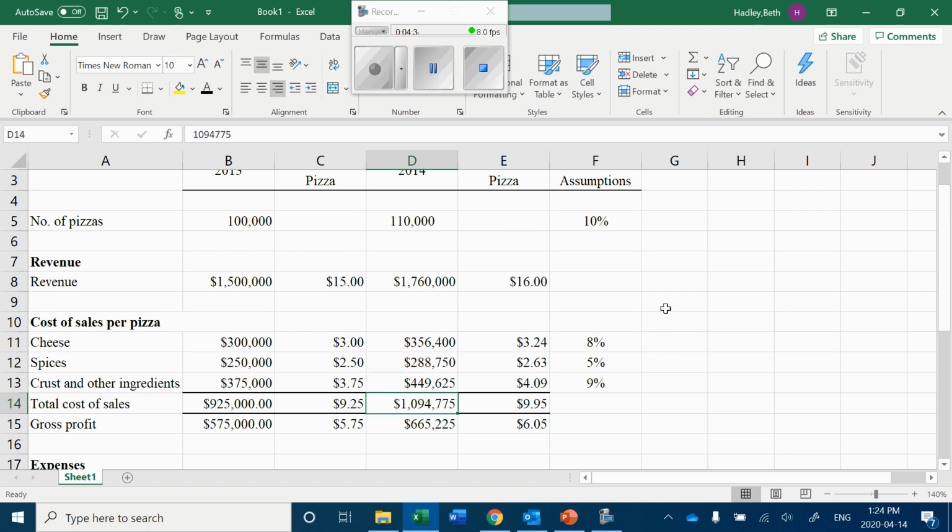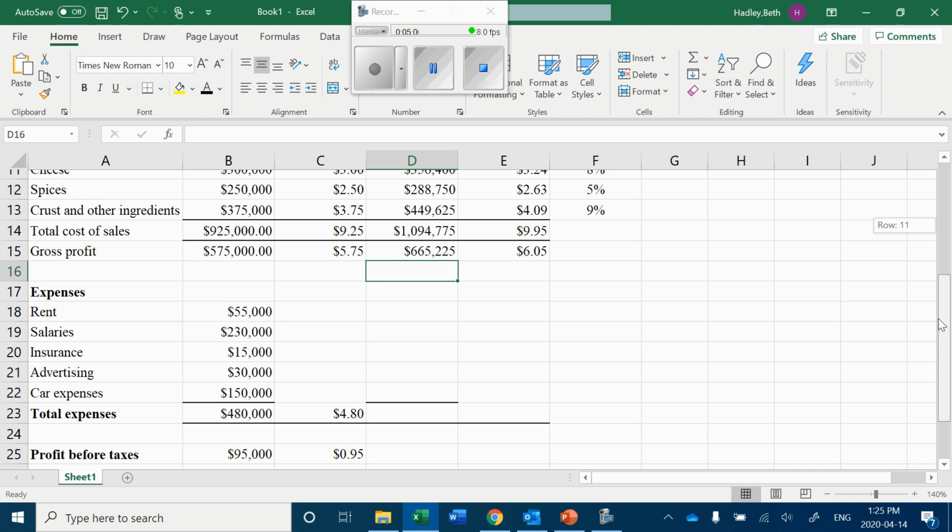So therefore we know how much it cost us to make 110,000 pizzas for the crust and other ingredients, for the spices, and for the cheese. And I'm going to sum that, and then equals our revenue minus our total cost of sales gives us our total gross profit.